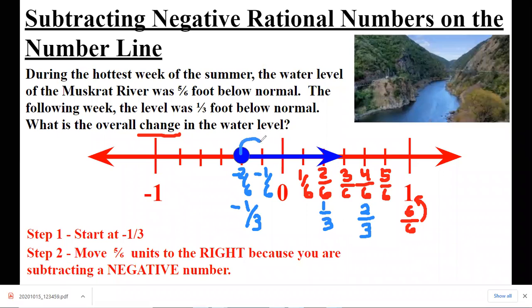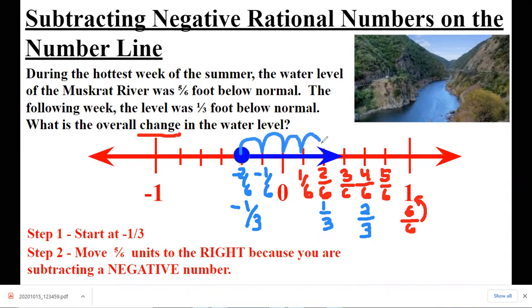Starting here, 1/6, 2/6, 3/6, 4/6, 5/6 to the right. There we are at 3/6. What's another name for 3/6? Could it possibly be 1/2? It could, right? You can reduce 3/6 into 1/2.